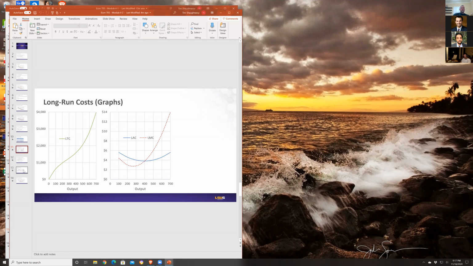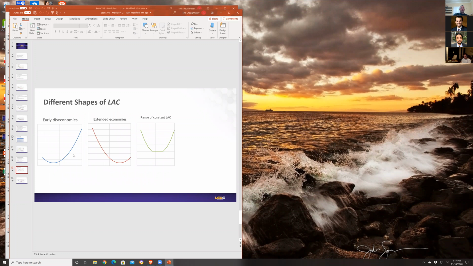But if you were to look at long-run average cost curves from different industries, you would notice they look different. Some of them would look like the early diseconomies, the way I'm labeling it over here on the left. They might look in the middle like these extended economies, where they might have this range of constant long-run average cost, this flat portion at the bottom of the valley there.